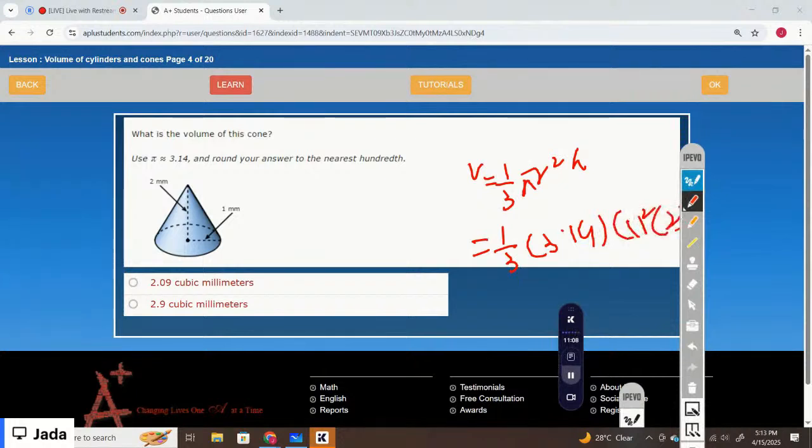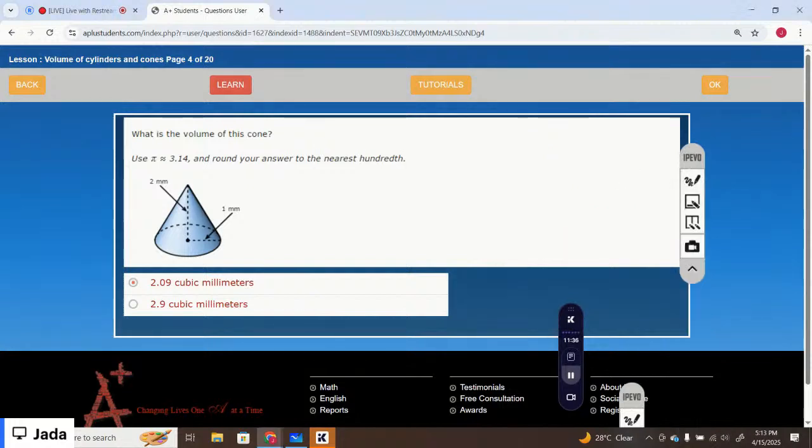So which is the correct option? That is 2.09 cubic millimeters. Option number 1 is the correct option. Okay, you can complete the lesson by yourself today. Let's move on to the next lesson.